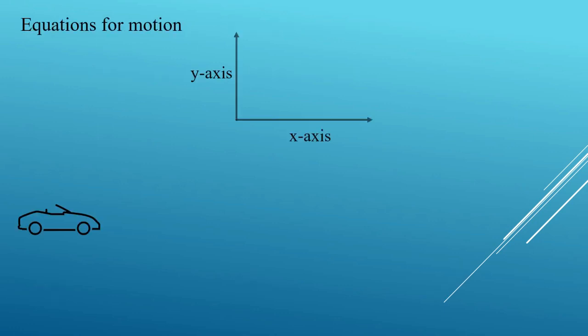Now, let's see what the difference is if I move the object in the x-axis and y-axis. I have a car, I'm going to move it in the x-axis, right? How about if I have a ball and toss it upward? Now I'm moving in the y-axis.